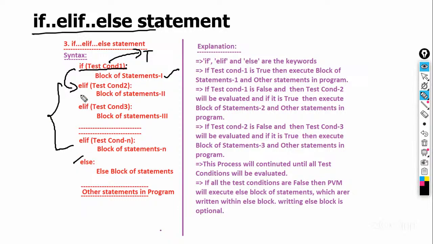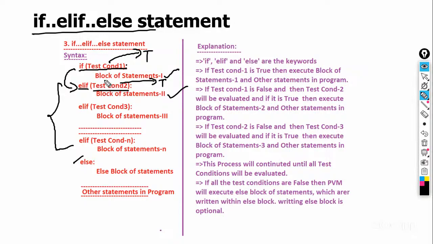Once the test condition in if is not holding true, it enters the first elif block. It checks the same way; the test condition gets evaluated. If it is holding true, the block of statements under this block gets executed.